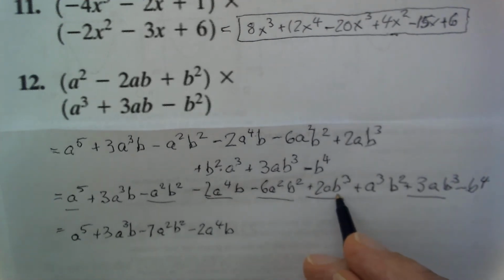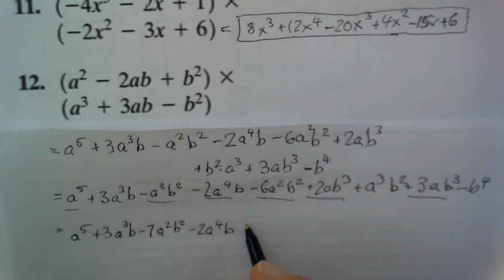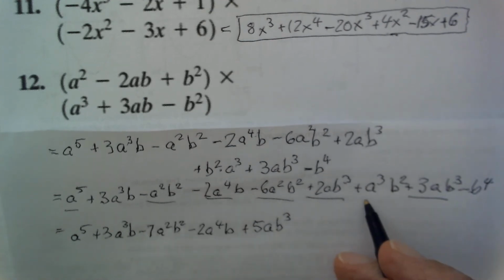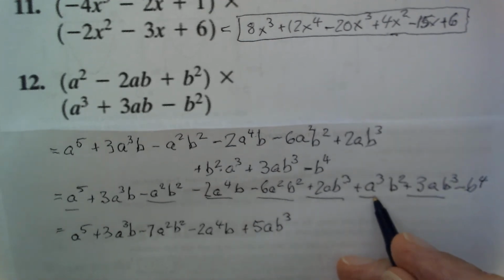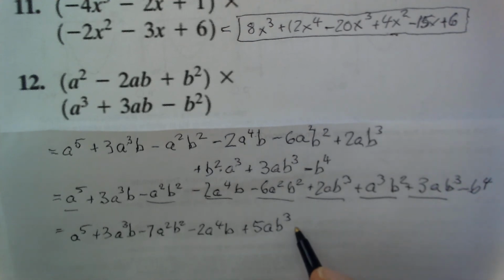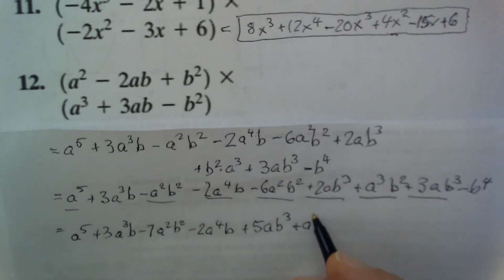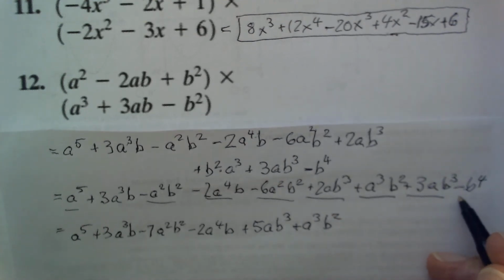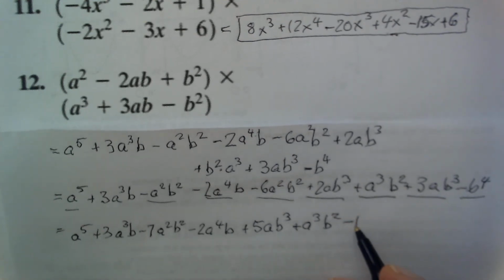So 2ab to the third plus 3ab to the third is 5ab to the third power. And then we have an a to the third b squared term, plus a to the third b squared. And we have a b to the fourth minus b to the fourth.